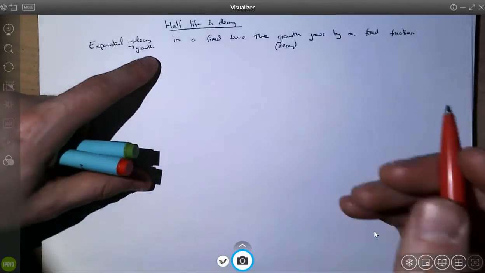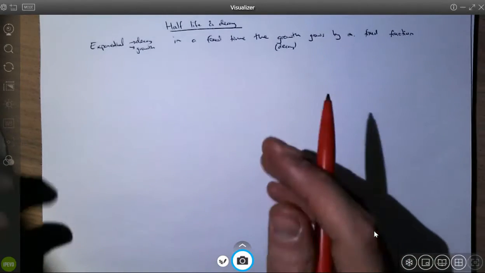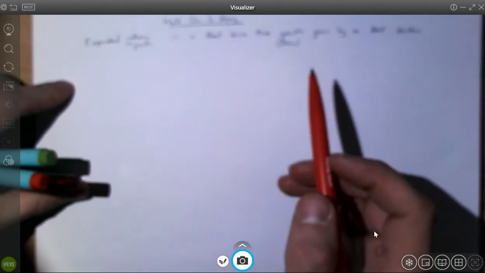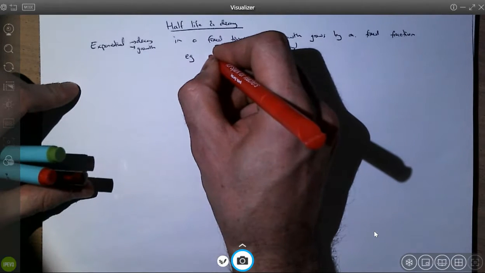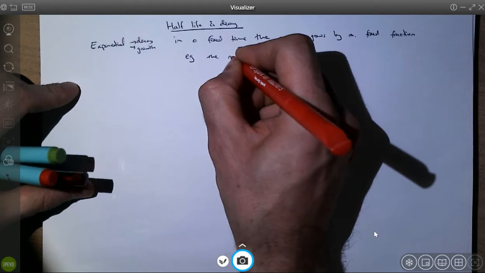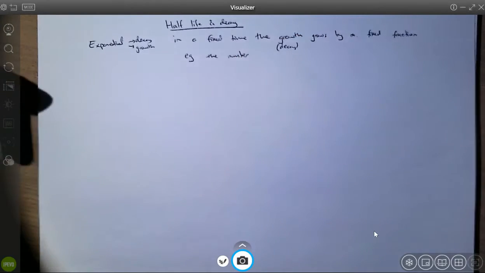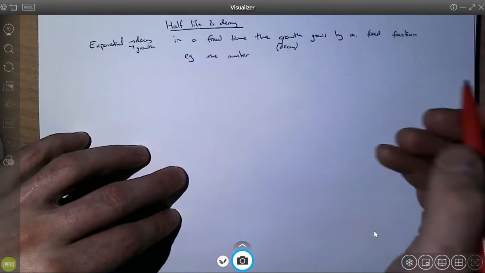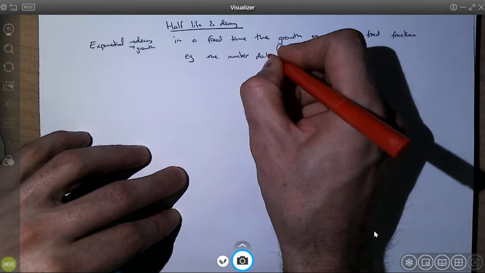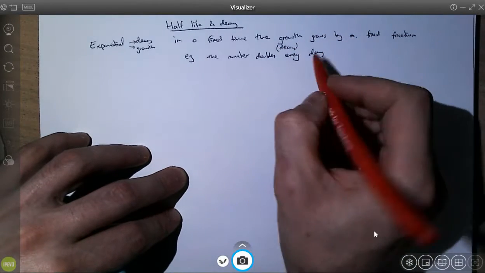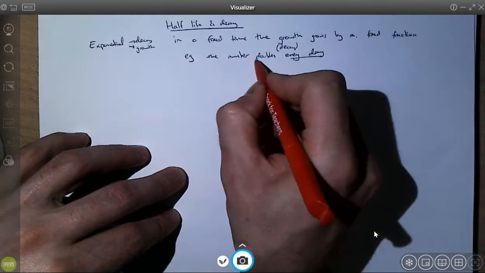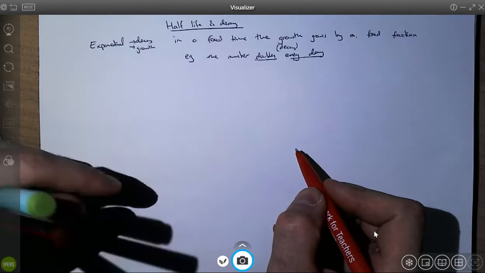But what this really means is that in a given time, there will be a fixed rate of decay or growth. So for example, the number of something, number of bacteria, number of radioactive atoms, doubles every day. So we've got our fixed time period and our fixed rate of growth or decay.